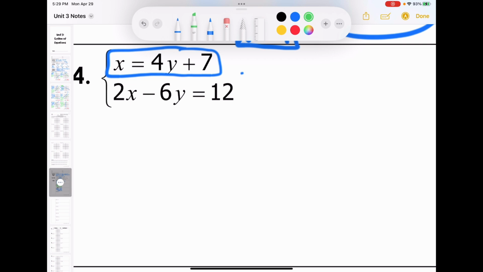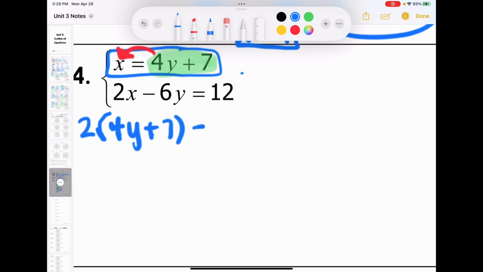So that means I'm going to take this 4y plus 7 and substitute it into the second equation for x. So I'm going to take my second equation, and wherever there's an x, I'm going to put a 4y plus 7. So I'm going to have 2 parentheses, 4y plus 7, minus 6y equals 12.